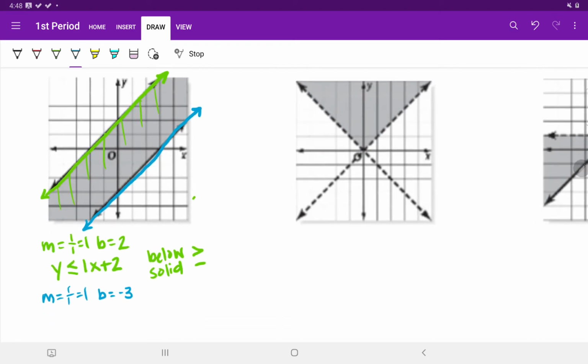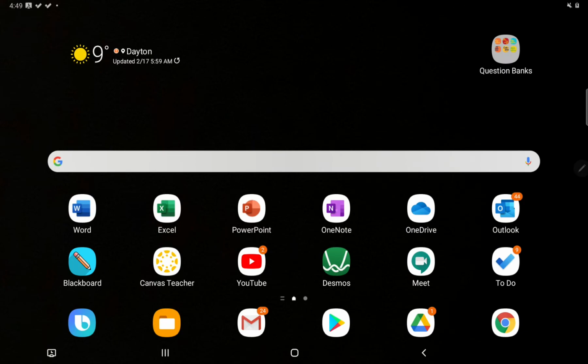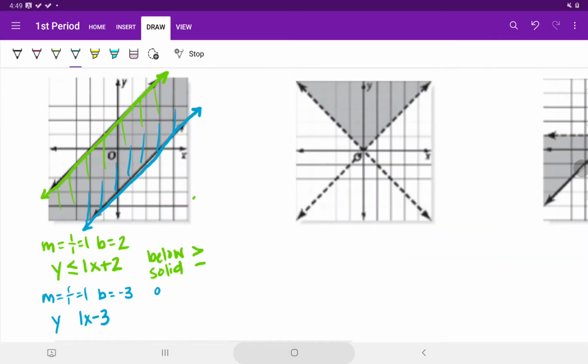So if I write this in slope-intercept form, we get y equals 1x minus 3. But let's figure out what kind of inequality symbol. For the blue line, we've shaded above and the line is solid. So that's going to give us a greater than or equal to symbol.